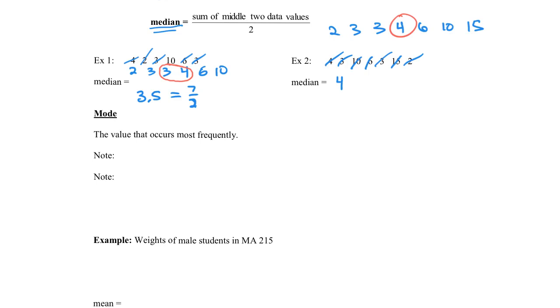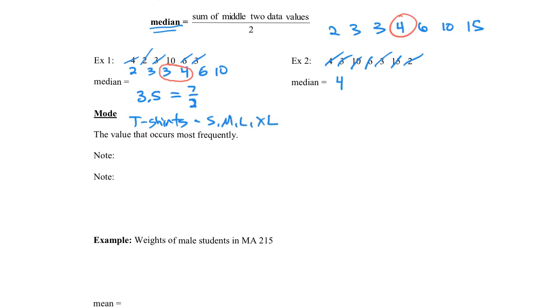And the mode, this is the one that really is just not used that often. The only example I can ever think of, it's not a great example, but it's the only one I can even think of, is maybe if you have a clothing store. Let's say you've got t-shirts that you sell, maybe small, medium, large, extra large.